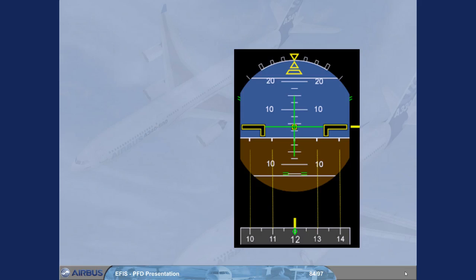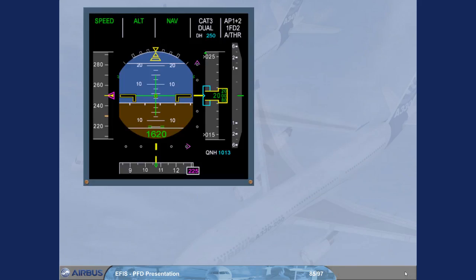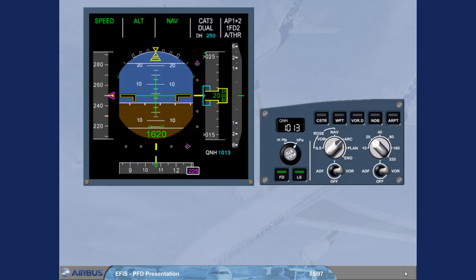Now let's look at how ILS information is displayed, and in particular concentrate on the compass scale. The LS push button on the EFIS control panel enables the pilots to switch on an ILS display.